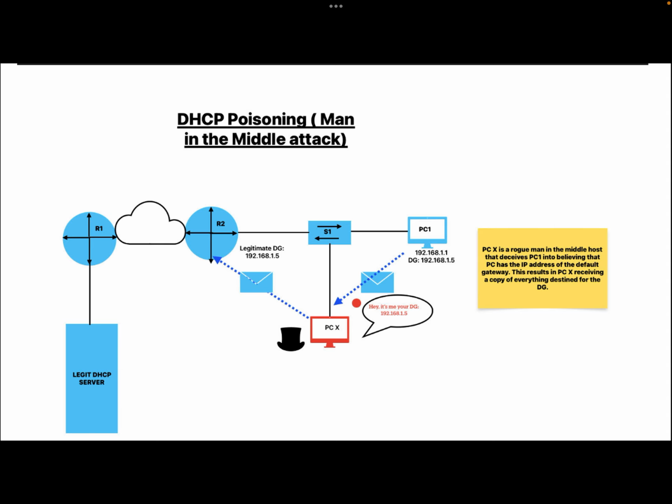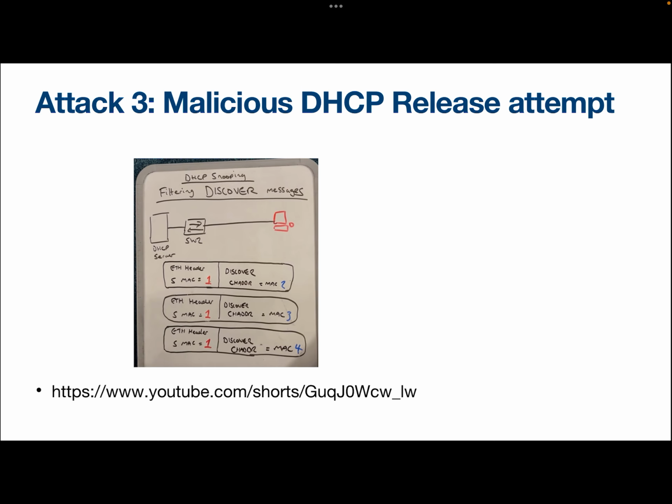This attack here could have caused major data breaches and major security violations, had PCX been able to see everything that PC1 is sending. And PC1 could be a finance person or an HR person communicating over the internet and sending bank account information, credit card details and many other types of confidential information.